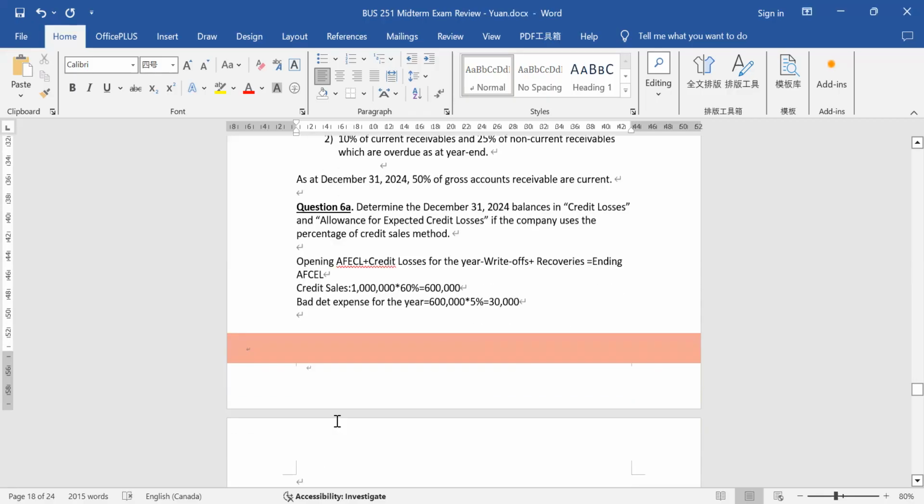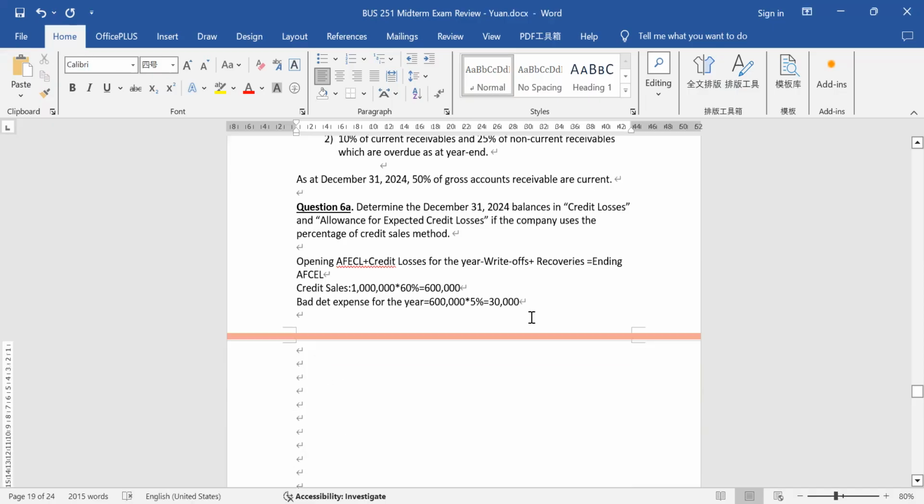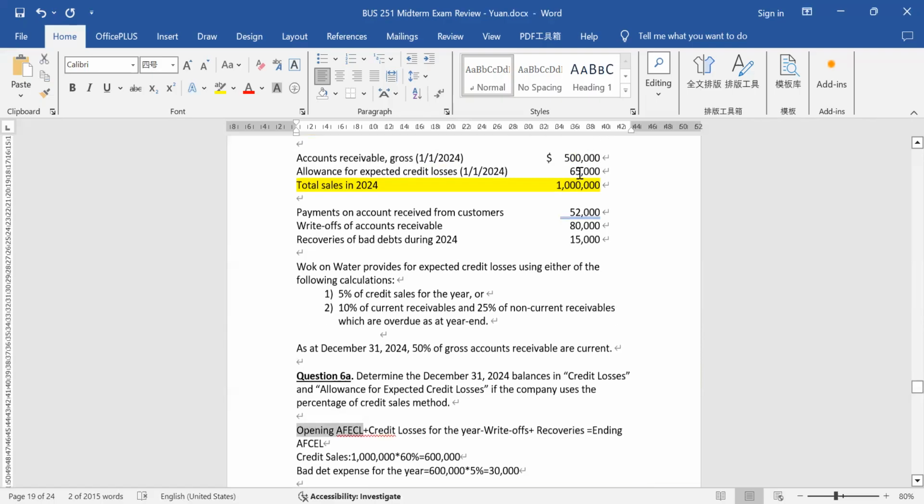We have this equation here, and we have these numbers, and we just apply the numbers. What is this opening balance? You can find it here, this one.